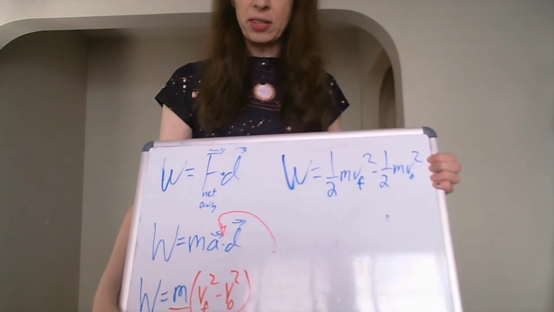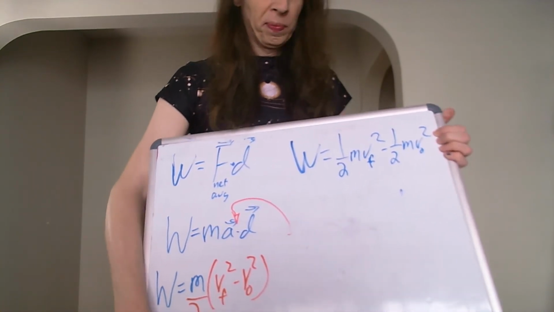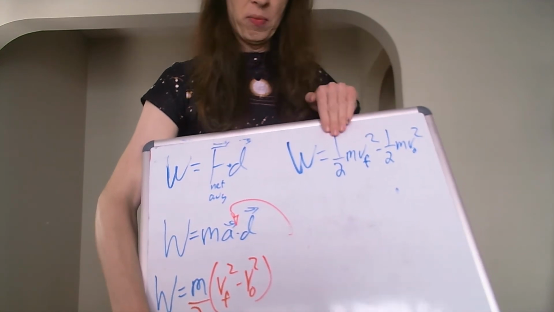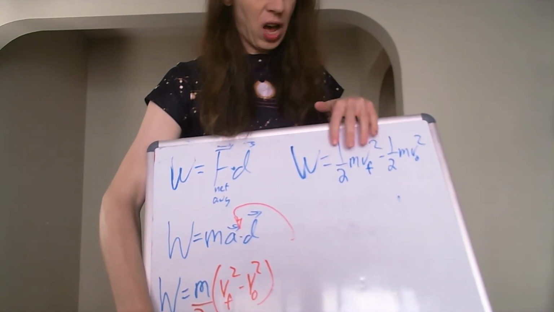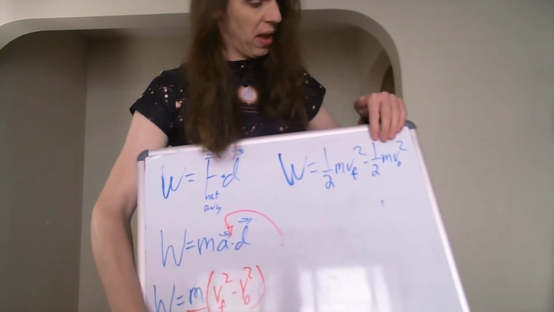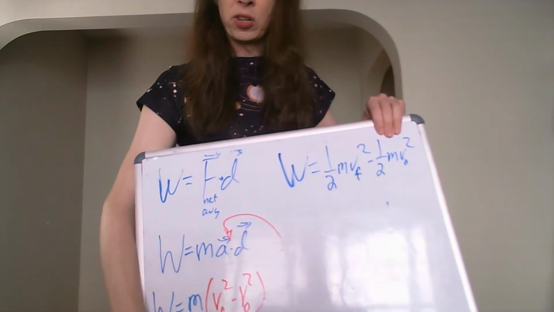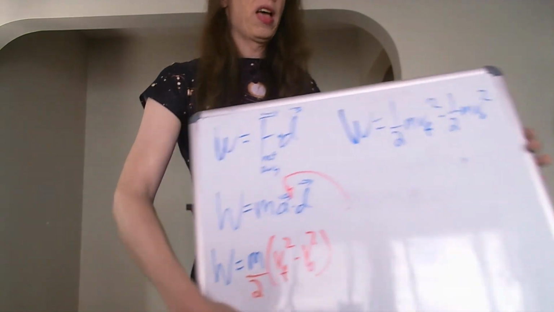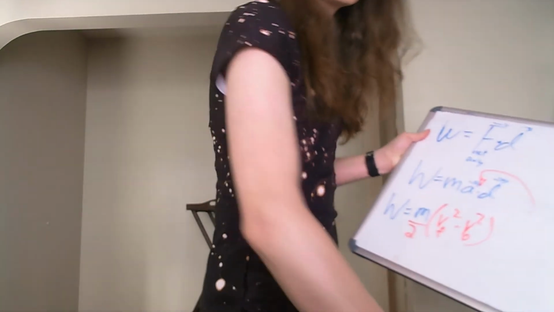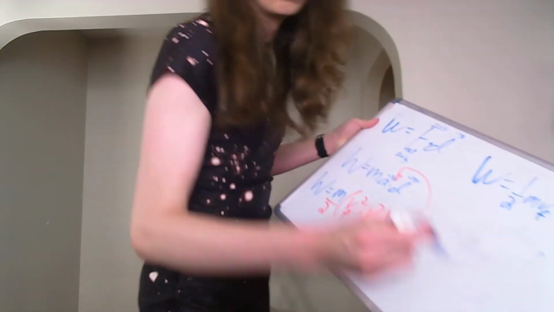And we get that the work is the difference between some combination of stuff for its final condition and the same combination of stuff for its original condition. And so this is some quantity that is changing with time.